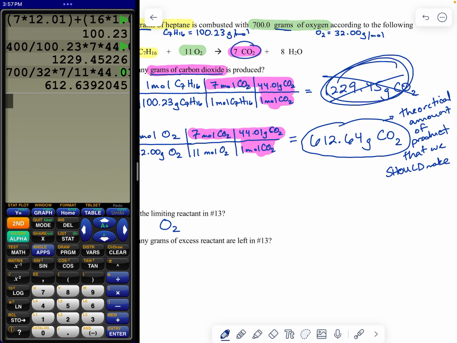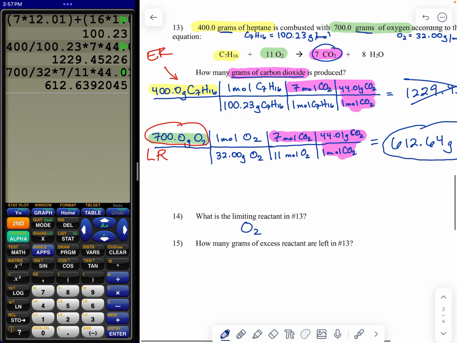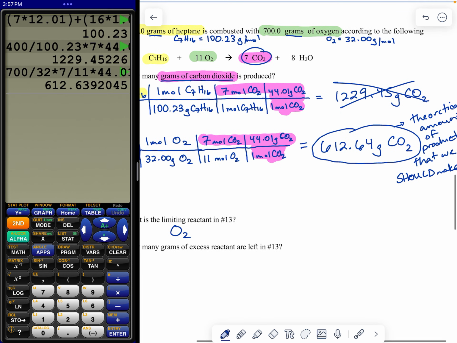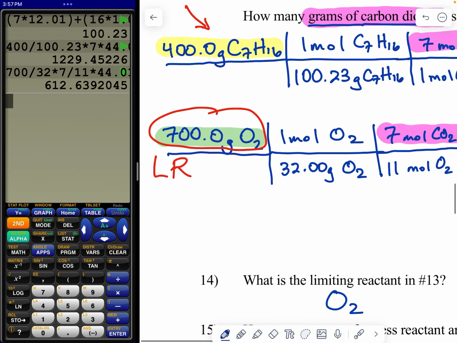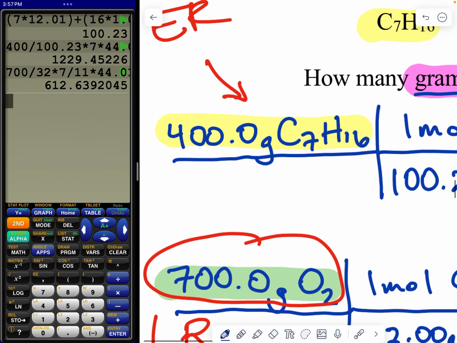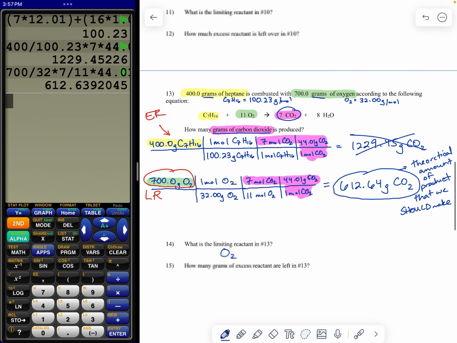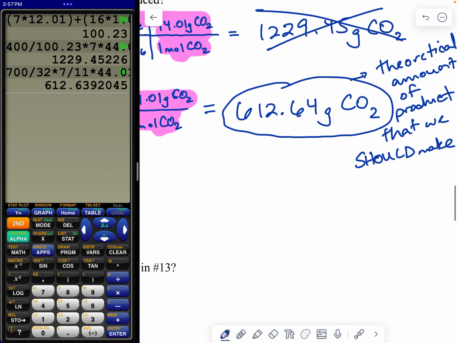This value up here, that's just too much, because before we can even get to that amount of product, all the oxygen runs out, and now the heptane that's left over has nothing else to react with, so there's no more product that can be made.